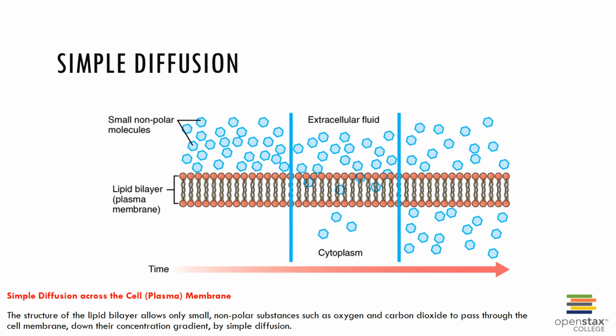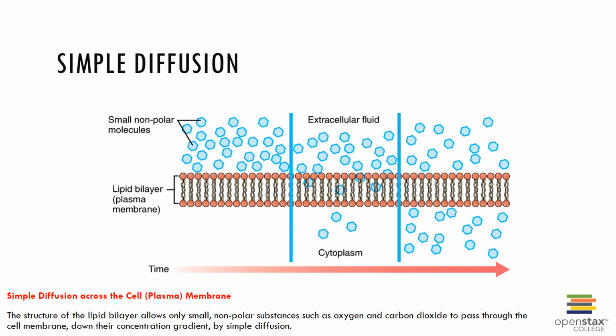So let's look at the simplest form of passive process, simple diffusion. This is the movement of solutes through a selectively permeable membrane from an area of high solute concentration to an area of low solute concentration, where the solute is the dissolved particle in a solution, while the solvent is the substance that the solute dissolves into.